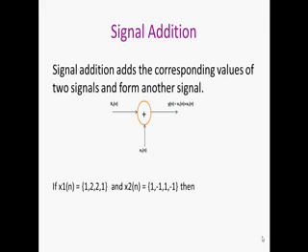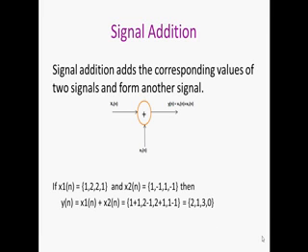If x1 of n equals 1, 2, 2, 1 and x2 of n equals 1, minus 1, 1, minus 1, so both the time ranges are from 0 to 3, then your y of n is obtained as x1 of n plus x2 of n, which is nothing but 1 plus 1 will give you 2, 2 minus 1 is 1, 2 plus 1 is 3 and 1 minus 1 is 0. The corresponding values are added.